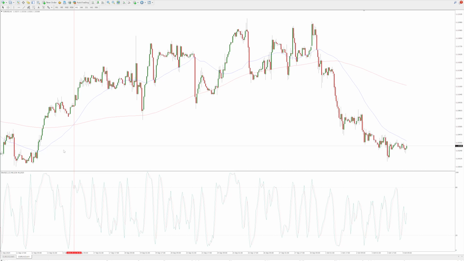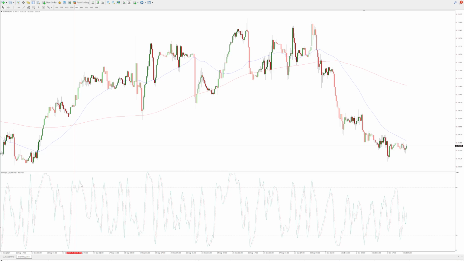So if you're not familiar with the stochastic oscillator, basically anything below this line here, the 20 line, is considered oversold, and there's a good chance that the market will start heading upwards. Anything above this line here, the 80 line, is considered overbought, and there's a good chance that the market may start to head downwards. What you're also looking for is for this main line to be across the signal line.